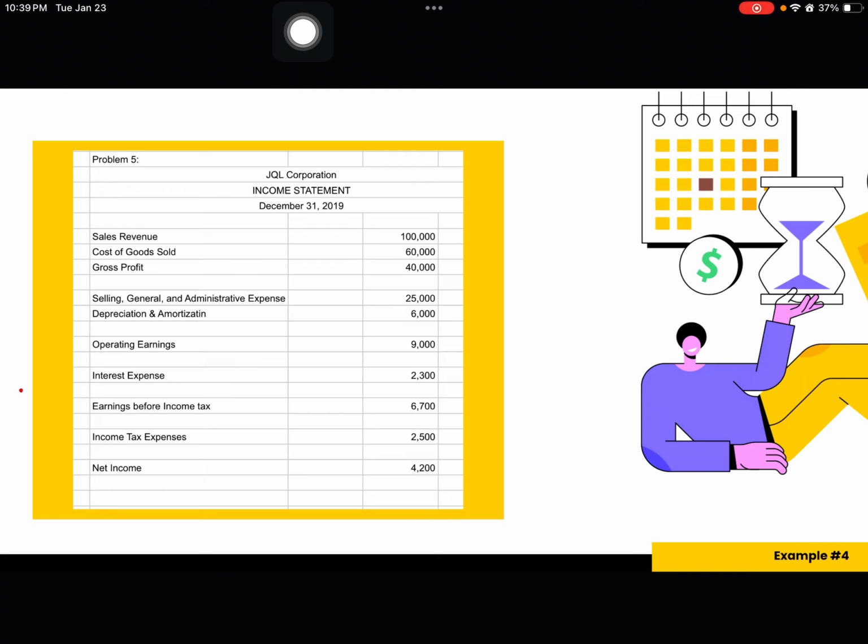Sales revenue 100,000, cost of goods sold 60,000, gross profit 40,000, selling, general and administrative expense 25,000, depreciation and amortization 6,000, operating earnings 9,000, interest expense 2,300, earnings before income tax 6,700, income tax expense 2,500, net income 4,200.